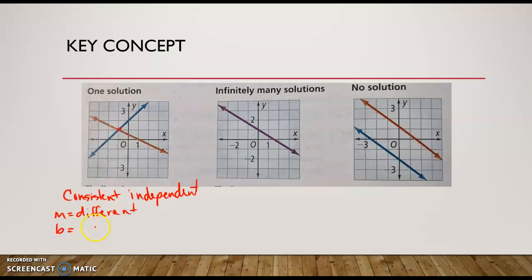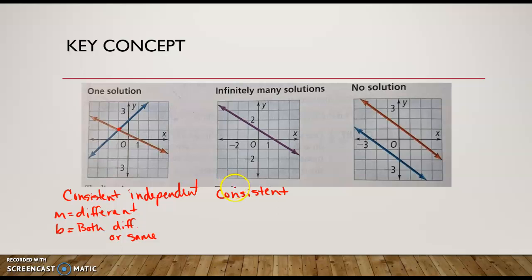Our y-intercept can be both different or the same. Now, for infinitely many solutions, it looks like it's just one line, but really it's purple because it's both the red and the blue right there. And so this is what we call a consistent, because it has at least one, but in this case it has many answers.